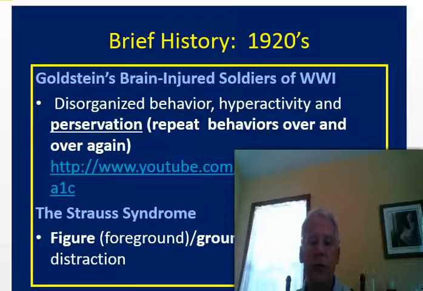And he discovered that children with brain damage tended to see the background of figures as opposed to the foreground.